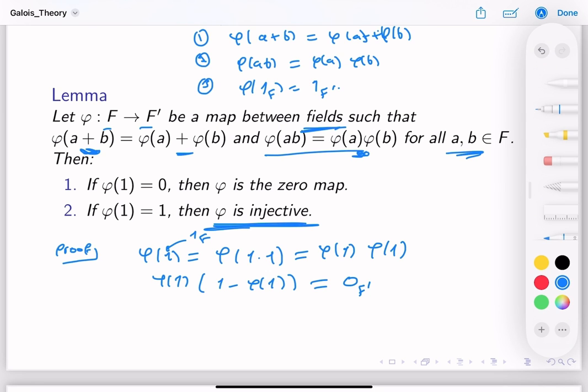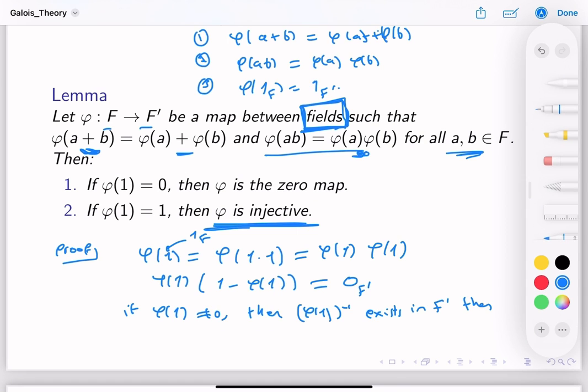So here comes the importance of the word field over here. Here comes the importance of taking a map of fields, right? So if phi of 1 is not 0, then it has an inverse. Phi of 1 inverse exists in F prime.